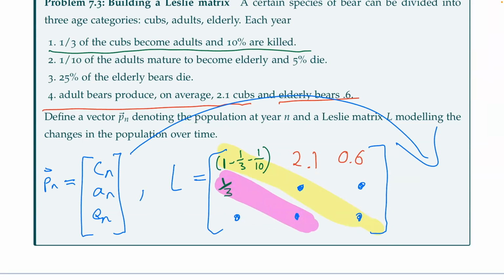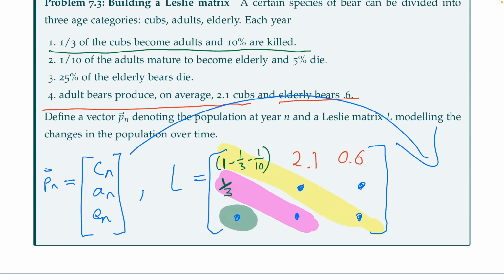So the diagonal directly below our main diagonal is things aging into the next class. And then this thing here should be 0. Anything below that, if we were doing a 4 by 4, 5 by 5, and so on, we would have a triangle down here. This would be everything that's skipping classes, so we don't want that, and we're going to set those things to 0.